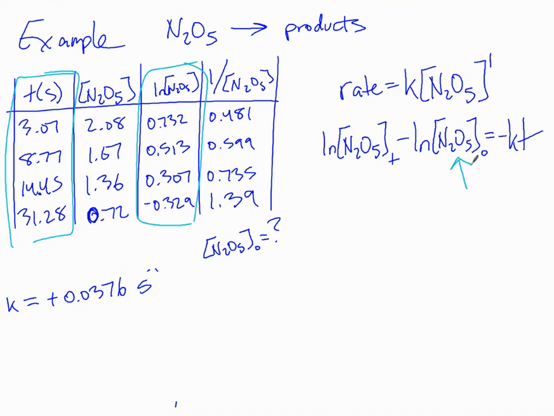How about this? We use the integrated rate law to figure out the original concentration of this reaction. Because we know time is 0. K is a number, but since this is 0, it doesn't matter. And we know certain concentrations. Well, let's fill in some numbers.